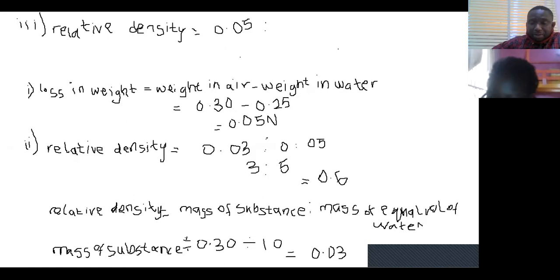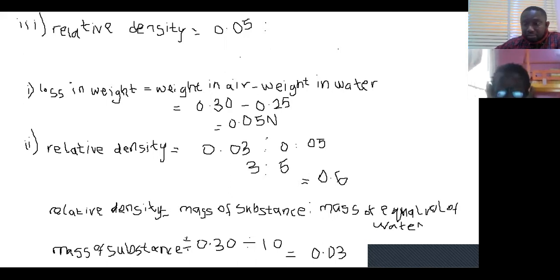When we are talking about relative density, we are talking about the density of that substance divided by the density of an equal volume of water, or sometimes the upthrust in liquid over the upthrust of equal volume in water, or the mass of a substance over the mass of equal volume in water.